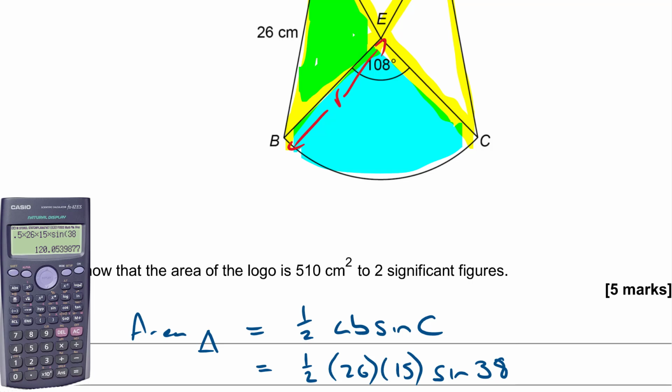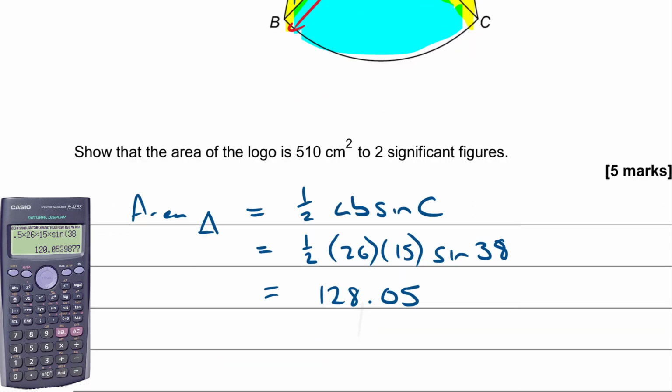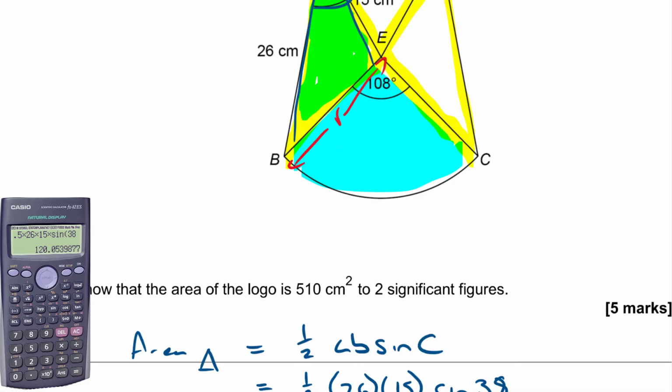So I need to know that radius. Now I was saying earlier about sine rule and cosine rule. Sine rule is about opposites, and the cosine rule is either two sides and an included angle, which we've got here, look, two sides and an included angle, or it's having three sides and wanting to find an angle. So I know that this is going to be the cosine rule this time. So can you remember the cosine rule formula?